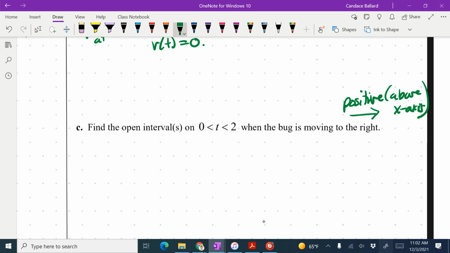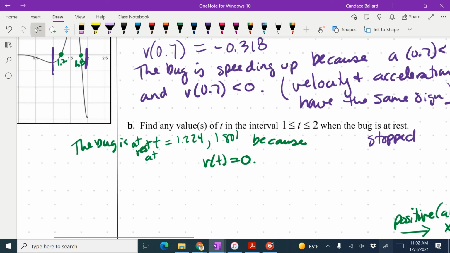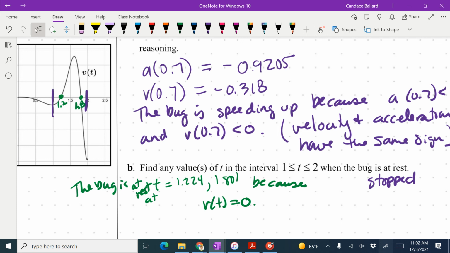So that's what I'm looking for, is an interval where I am above the x-axis. I'm going to go back. Remember interval notation? I'm going to use interval notation this time. I can use inequality, it doesn't matter, but I'm going to choose interval notation. Between what two values of t or x is it above the x-axis? Above is right here, right?